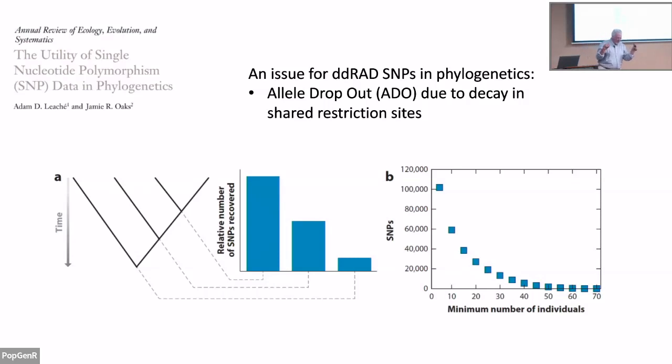And one cause of that, the dominant cause, is that the restriction sites themselves that are used to generate ddRAD data mutate. The restriction enzyme needs a very specific sequence of bases, 4 or 6 or 8, depending on the cutter. And back in the old days, we used to actually use restriction site gain and loss as our phylogenetic data. That was before PCR, if anyone can imagine that.